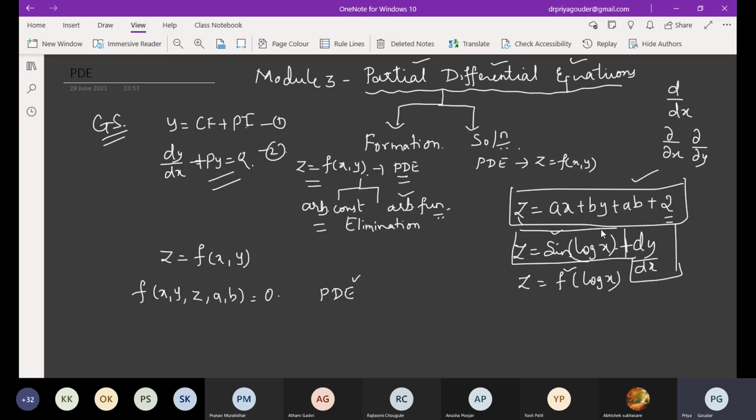See, I have z equal to sine log x. One equation I have. I want to introduce the differential for this. What do I have to do? Which mathematical operation? Do I have to do addition, subtraction, multiplication? Try to answer. If you are wrong also, no problem.